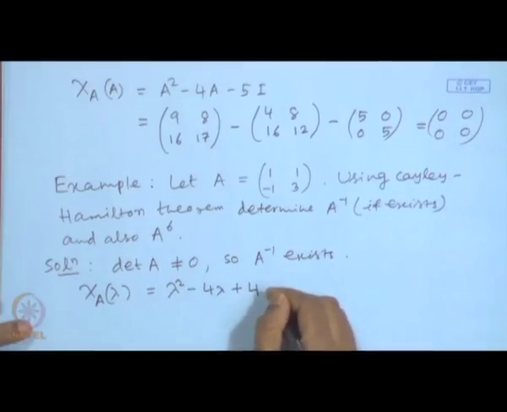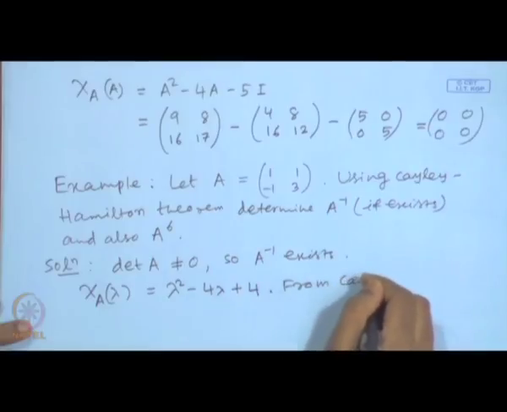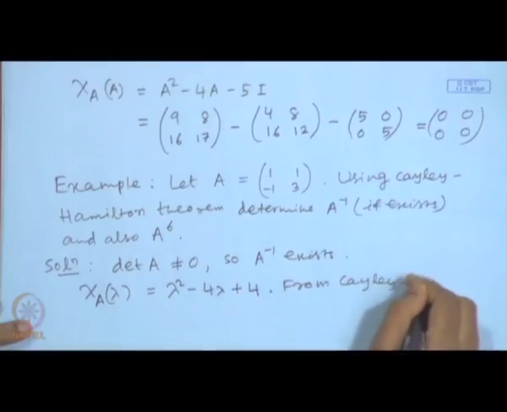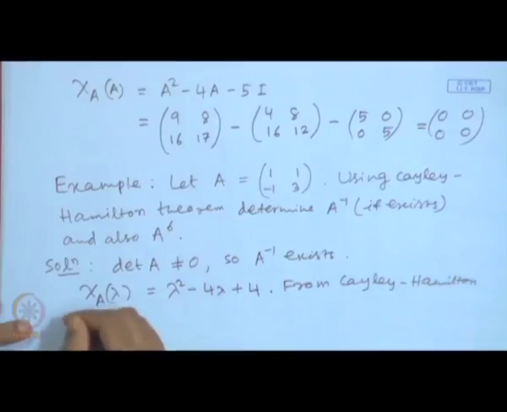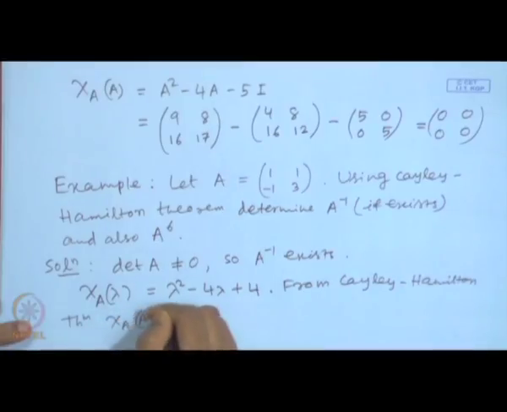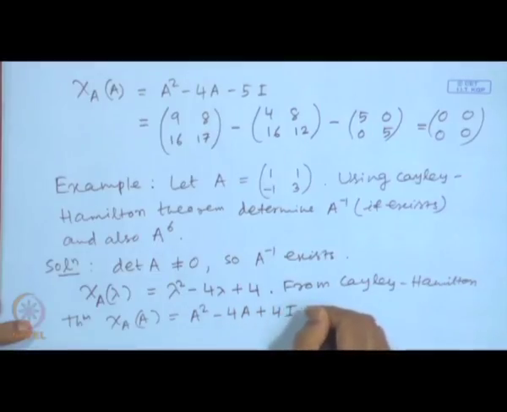So, from the Cayley-Hamilton theorem, we get that chi A, which is A square minus 4A plus 4 times the identity matrix, is 0.